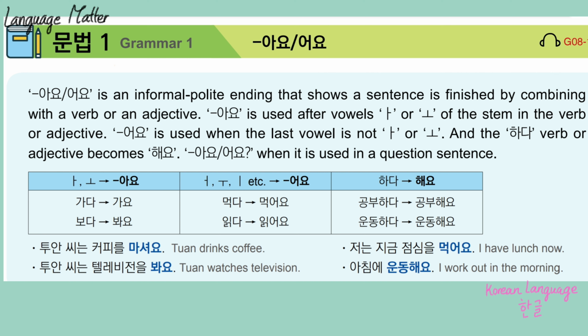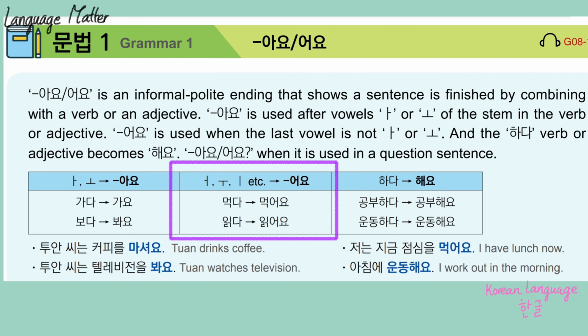If the base verb has an a or o vowel, use ayo. Actually, if the verb has a, so a plus a, there will be just one a sound. And if the verb has o plus a in the verb ending, it will make a wa sound.